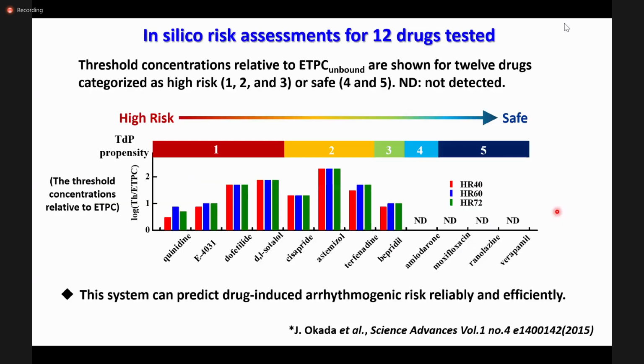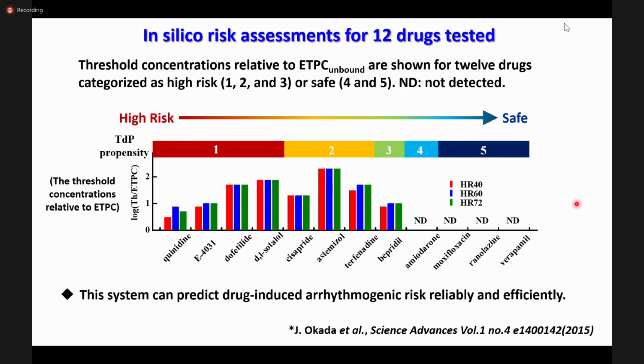This slide summarizes the result of in silico risk assessment for 12 drugs tested. Arrhythmia risk is quantified by the threshold concentrations relative to ETCP. In the high-risk drug in category 1 and 2, their drug shows a very low threshold concentration values.